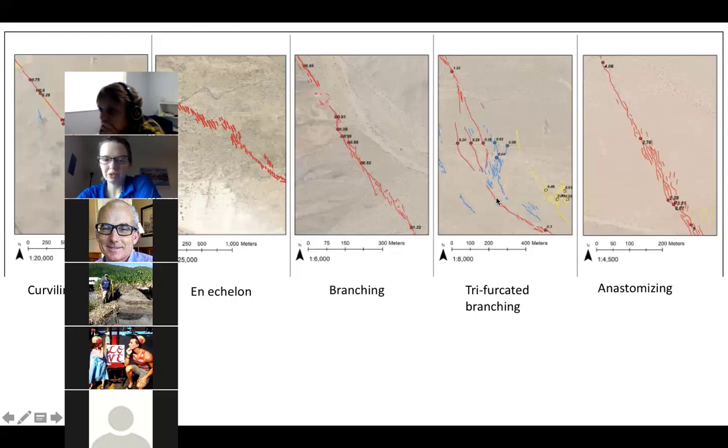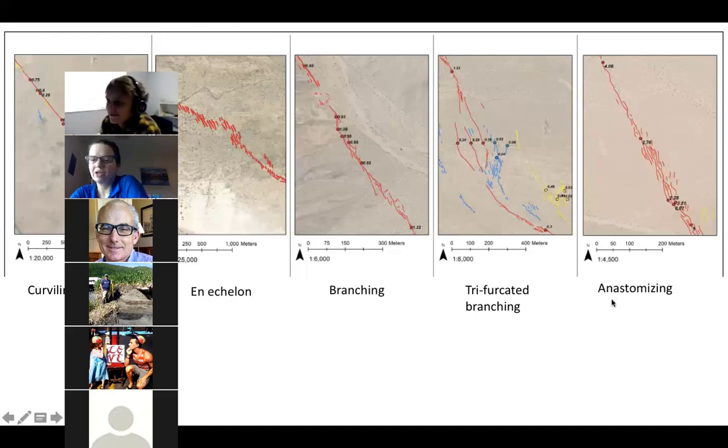But in the case where the slip on this main fault was much higher than the others, and therefore perhaps more likely to be preserved longer in the geomorphic record, then you could also interpret this middle strand as the main fault. Does that sound appropriate, Alex? Perfect.